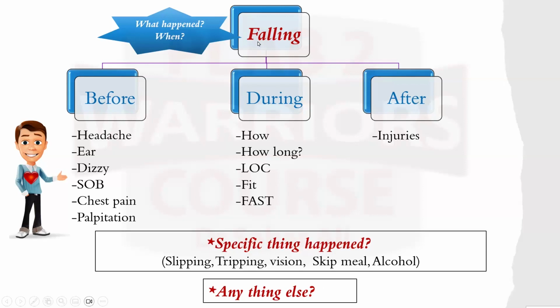As I mentioned, it is an event. In the event, you need to ask what happened exactly. When did the event happen? What happened before the event? What happened during the event? And what happened after? All right?